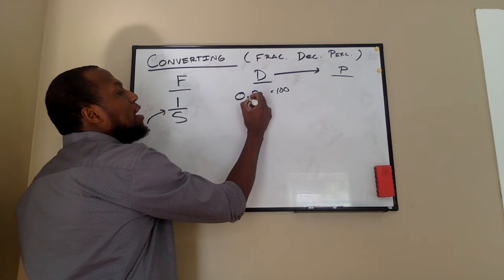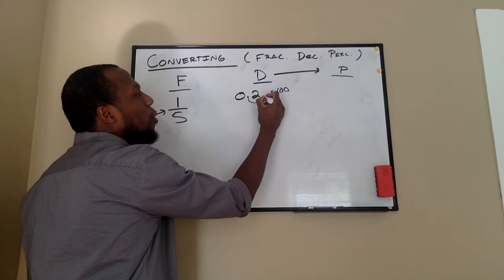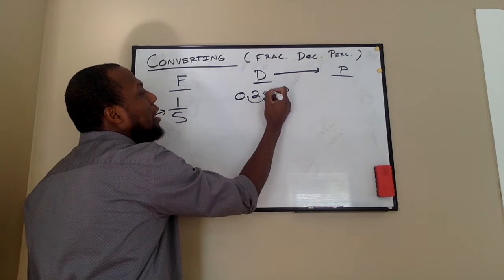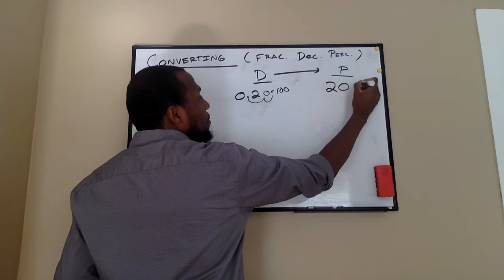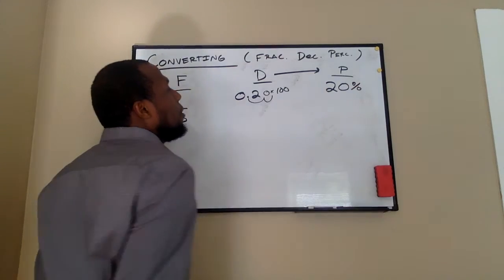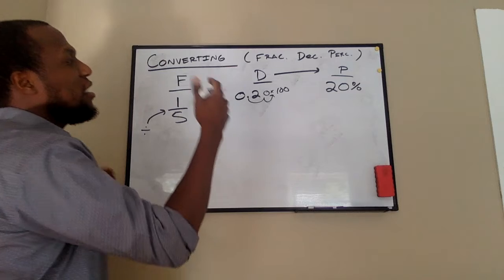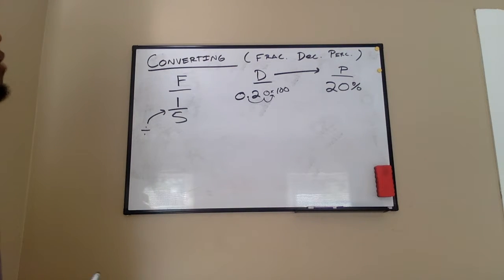When we're multiplying by 100, we move it one place, and then another place, and have to fill in a zero there. So our percent then is 20%. We end up moving our decimal to the right 2 whole spots when we are going from a decimal to a percentage.